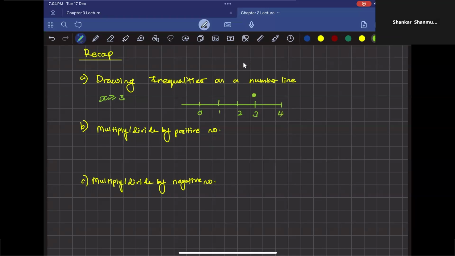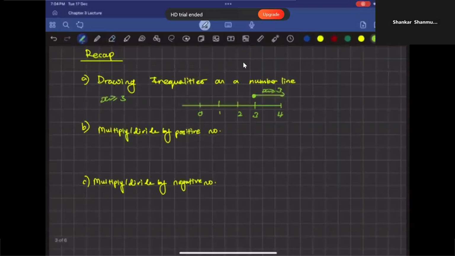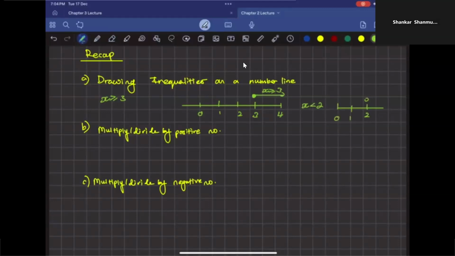If it's more than or equals to, it will be a solid circle, and then you write x more than or equals to 3. If, for example, it is x is less than 2, then again it is similar. 2, 1, 0. And then in this case, it's not a solid circle. Okay? x is less than 2. So this is your basics of drawing a number line.